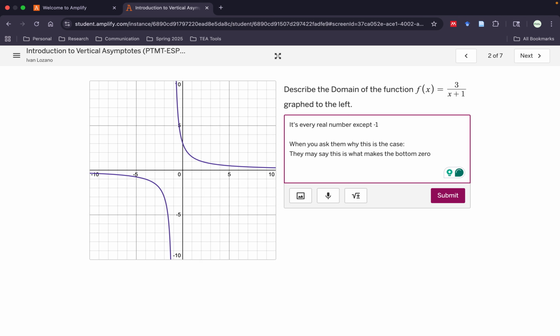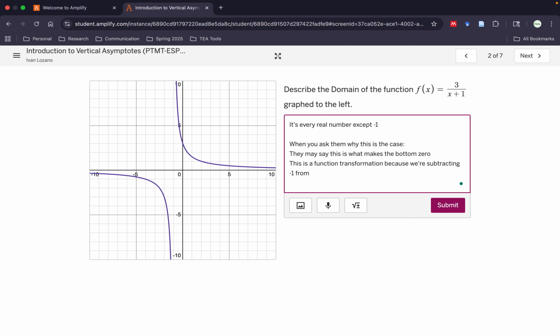Or some kid might notice that this is a function transformation, because we're subtracting -1 from x. And they'll also notice that the behavior here is wonky. We know it's 1, but kids will ask, how do you know it's not a little bit less than -1 or a little bit more than -1? So that's why we bring in the algebra.